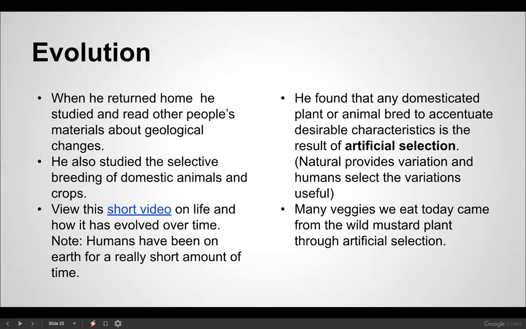But if we want to breed a hairy dog with a really small dog to get a small hairy dog, that's artificial selection. Many veggies we eat today came from the wild mustard plant through artificial selection. The corn we eat today is about 300 different varieties of the original corn that the Pilgrims had.